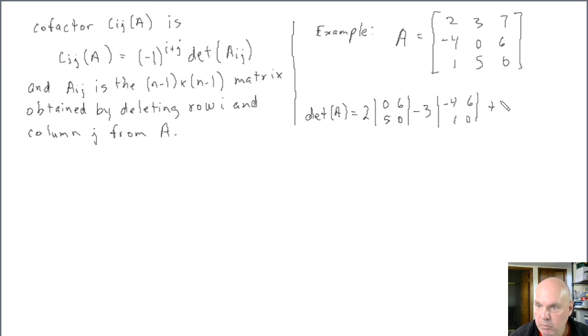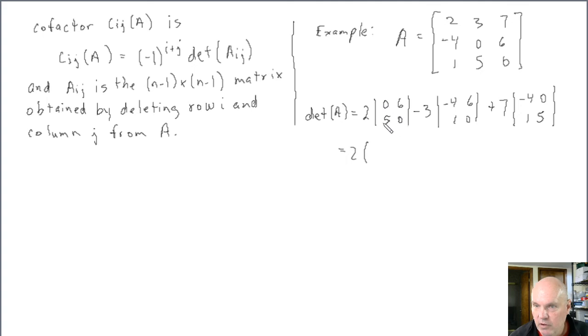And then finally plus 7, eliminating that row, that column, I'll have minus 4, 0, 1, 5. Now I've got it written in terms of the determinants of these 2 by 2 matrices.